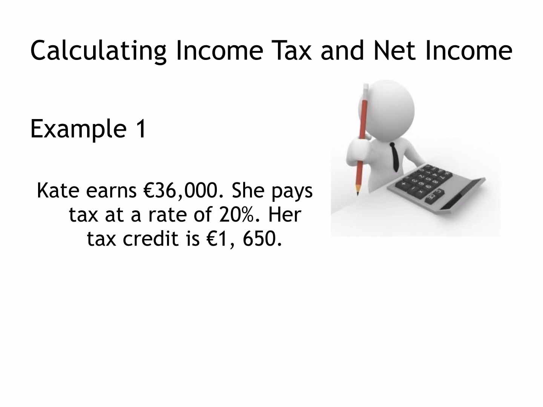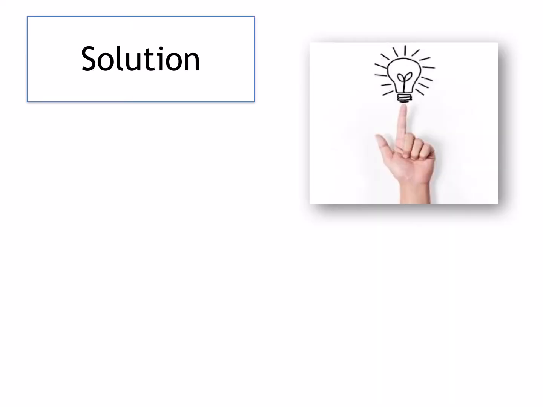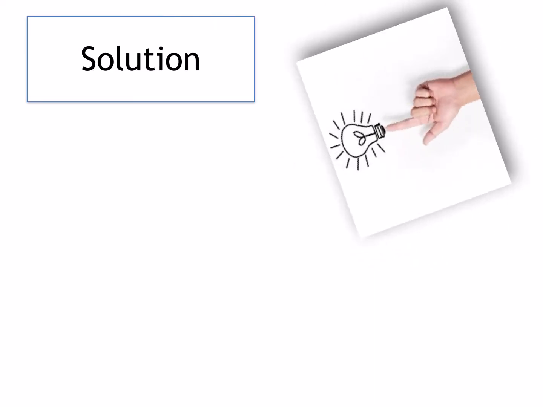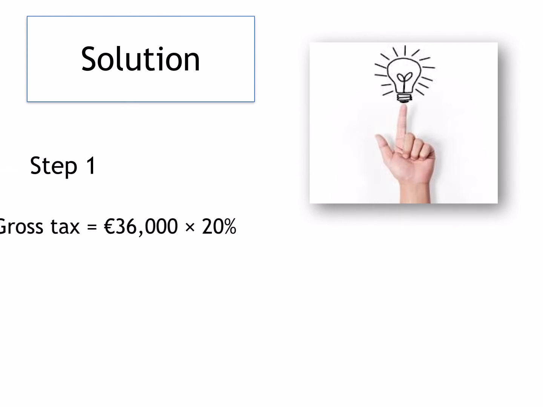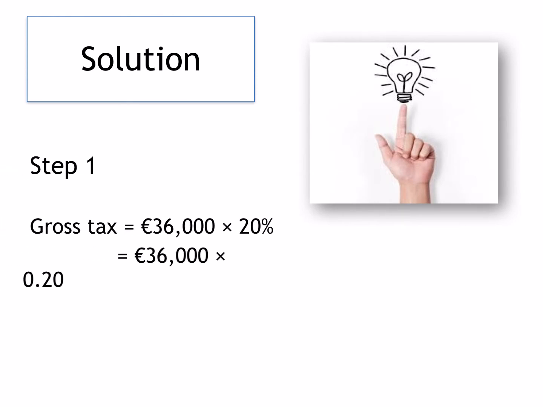Kate earns €36,000. She pays tax at a rate of 20%. Her tax credit is €1,650. We are asked to calculate Kate's tax payable. Let's look at the solution. Step 1. To calculate Kate's gross tax, we get 20% of €36,000.